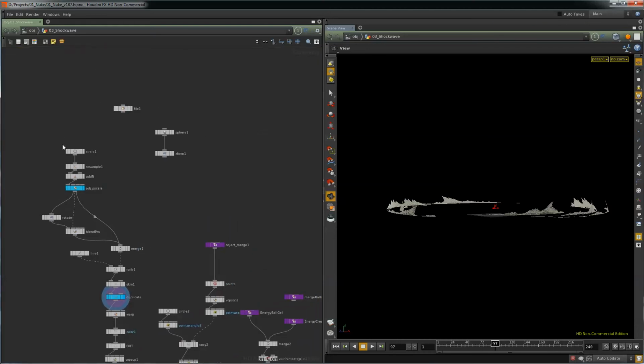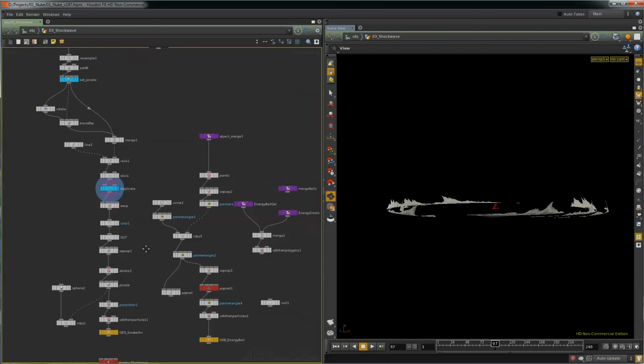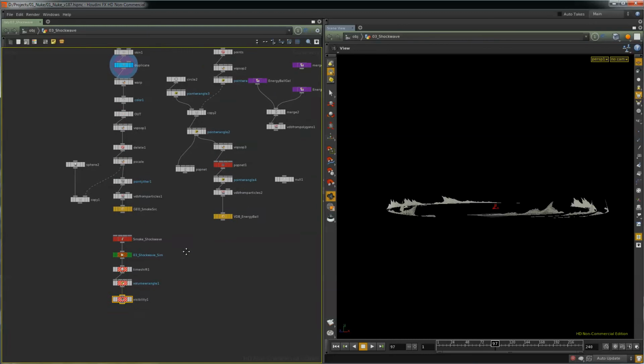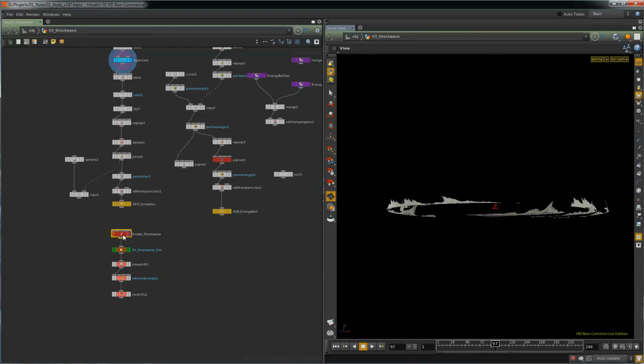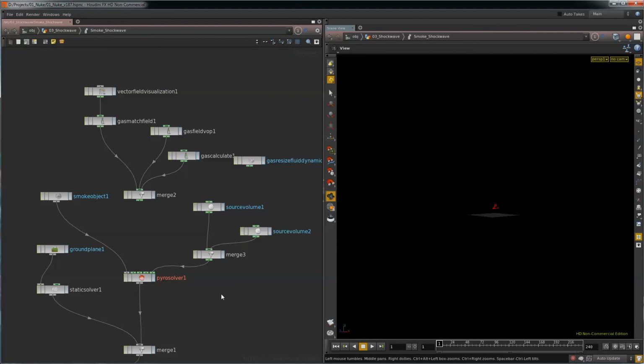So this is basically general SOP stuff. I bring in the energy ball for velocity, and I just emit smoke off of it. Very straightforward.